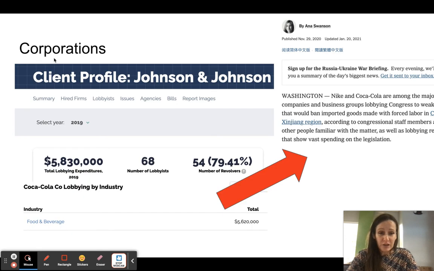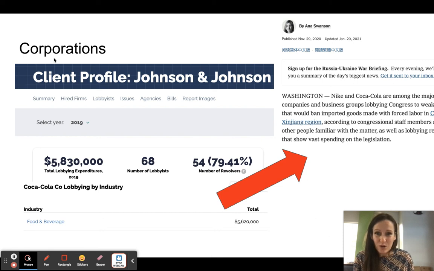We also have corporations. Once again, when I saw the AP video just gloss over this, I'm like, this is something that should really be discussed: corporations as interest groups. Look at the money that interest groups spend with lobbying. Look how much Johnson and Johnson spends.